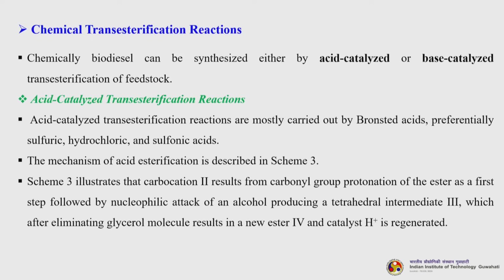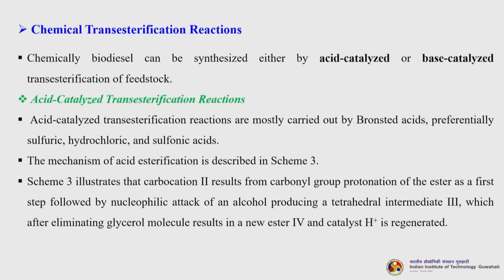So, let us understand the chemical transesterification reactions. Chemically, biodiesel can be synthesized either by acid catalyzed or base catalyzed transesterification of the feedstock. We will discuss both. First, acid catalyzed transesterification reactions. These are mostly carried out by Bronsted acids, preferentially sulfuric, hydrochloric and sulfonic acids.